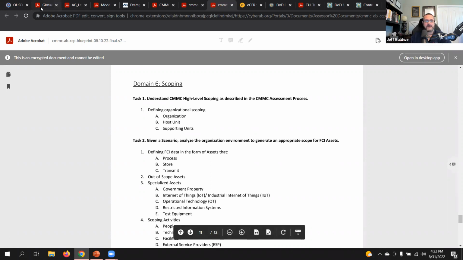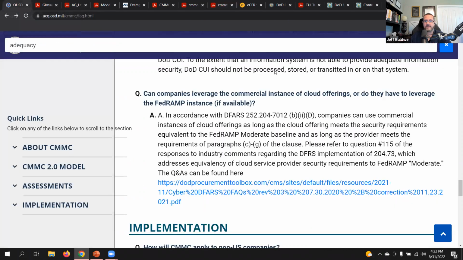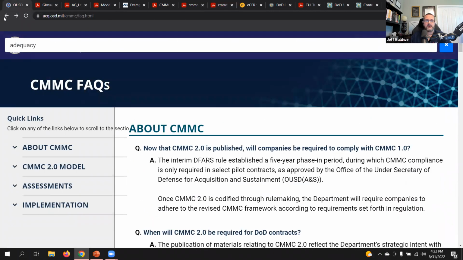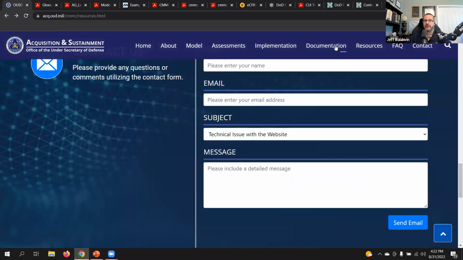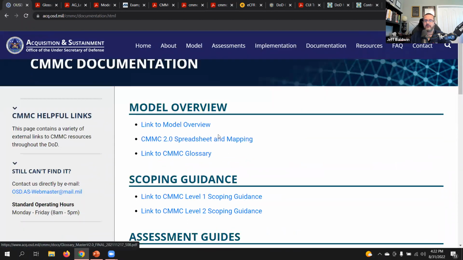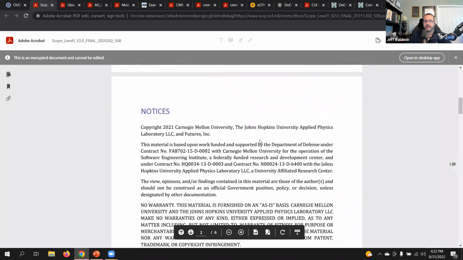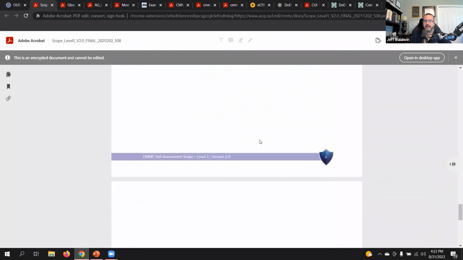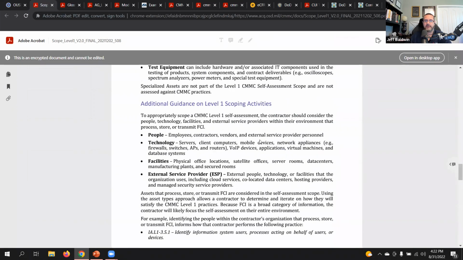And let me see actually if that gets covered in the scoping guide. All right, so we go to the documentation, we go to the level 1 scoping guide. As I sort of expected, they do not talk about that.